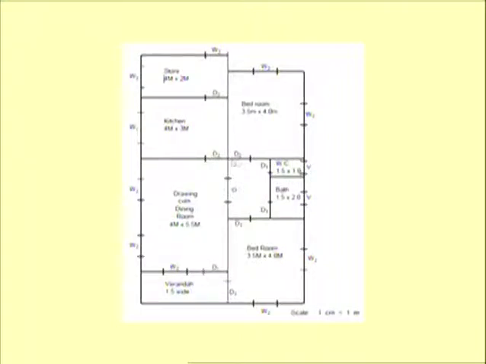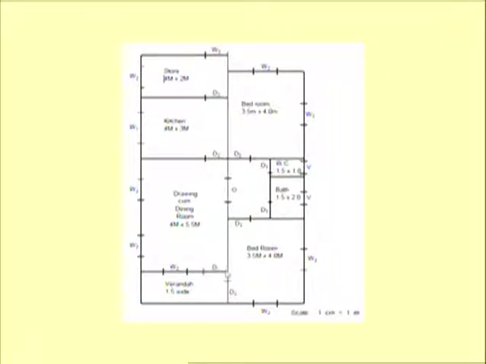So these 4 walls can support the load of the slab, and these walls can be treated as partition walls. Similarly, this wall also can be treated as a partition wall, but this is the external wall, so we should provide it with 30 centimeter thickness.